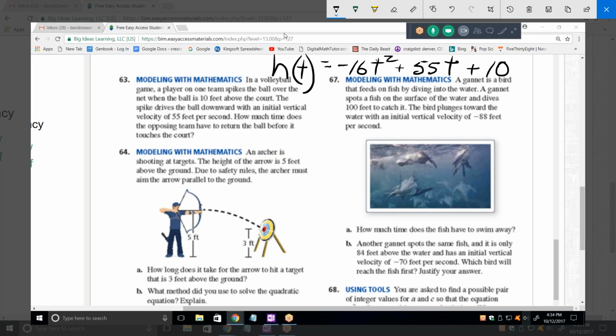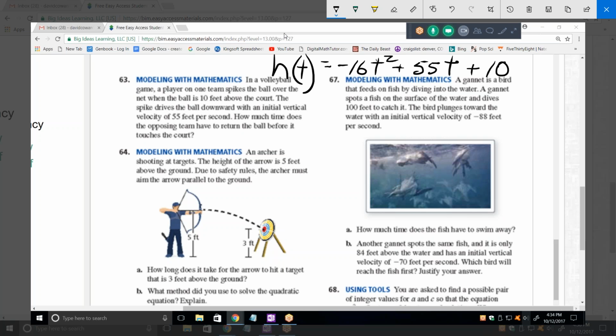Velocity has a sign to it. Velocity has both direction and magnitude. And in this case, down is negative. Whenever you have parabolic motion, down is negative, up is positive. Gravity is always acting down, and that's why it has a negative 16, because gravity is always attracting it to the center of the earth.